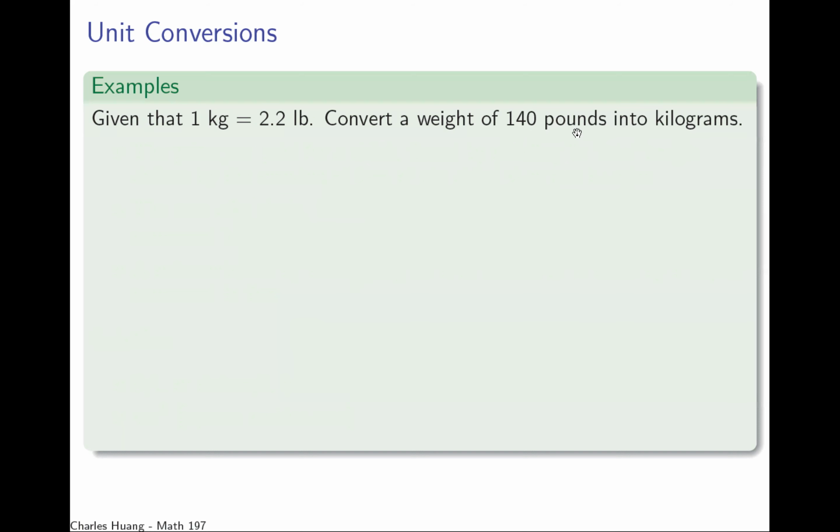Now, don't worry if you don't remember how to change from pound to kilogram. We will always give you the conversion factor on the side. So we'll always tell you 1 kilogram is equal to 2.2 pounds, or 1 pound is equal to however many kilograms. We'll give you one of those things.